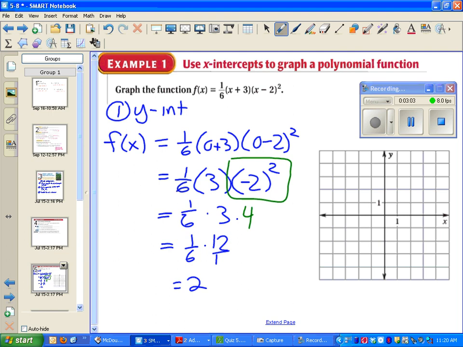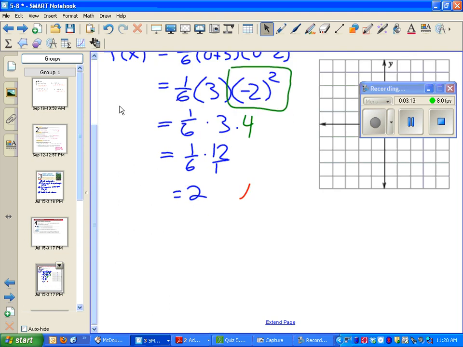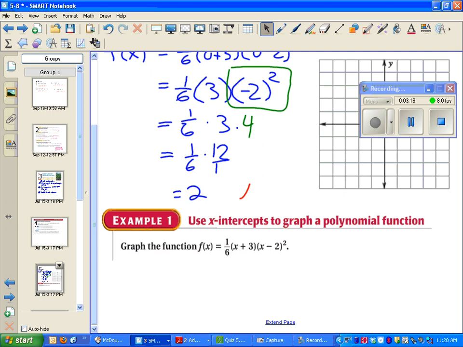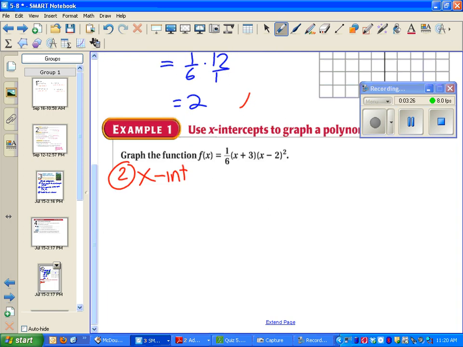So when I graph it, x is 0, y-intercept on the y-axis is right there. And then we're going to find the x-intercepts. That means we're going to plug in 0 for y because the x-intercepts are on the x-axis. We can divide by 1/6. 0 divided by any number is just 0.